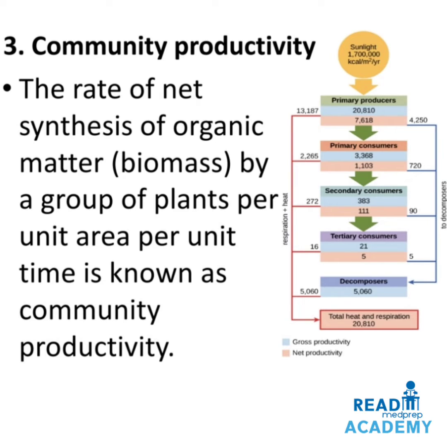This is utilized by the primary producers for the production of food, and consumed by the primary consumers, then the secondary consumers, then the tertiary consumers and the decomposers. The total heat and respiration loss is around 20,810. So this shows that the total biomass produced in the community is called the community productivity, and it also shows the loss by heat and respiration.